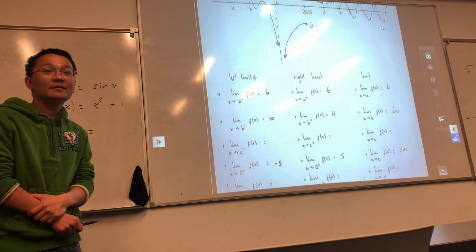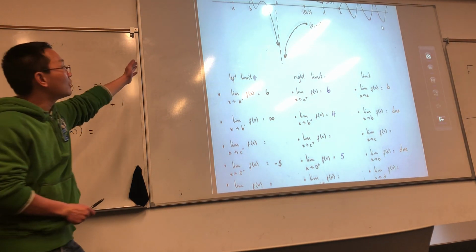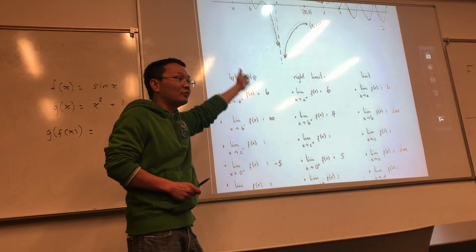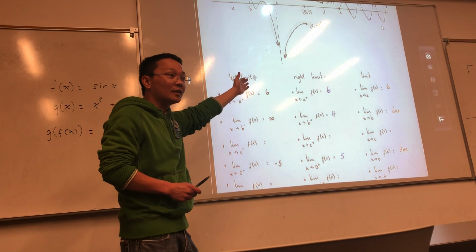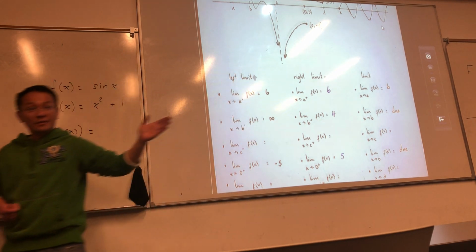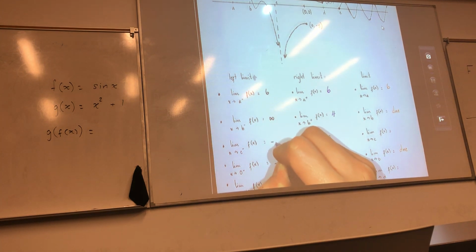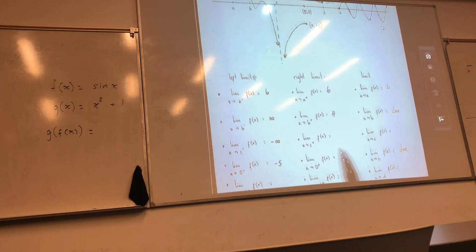Right? Get on the graph to the left of C, and then follow the graph. See where it is going, right? It's going to negative infinity. Alright. How about the right limit at C?